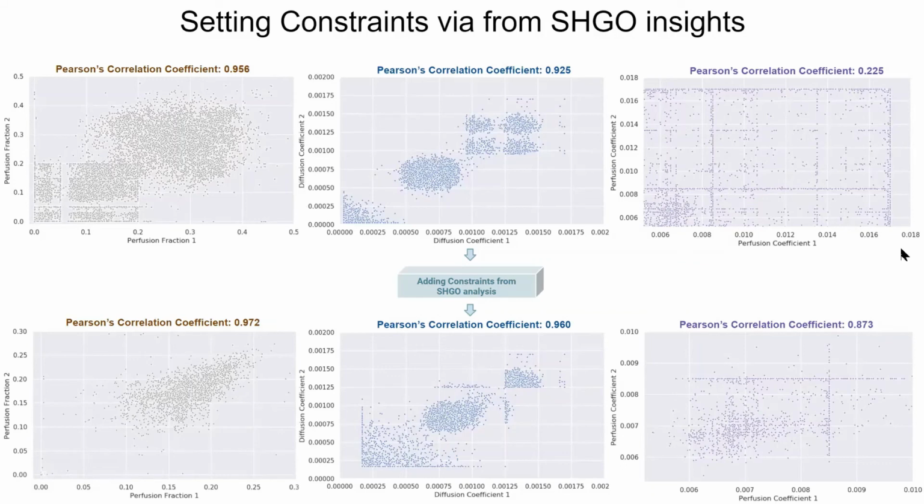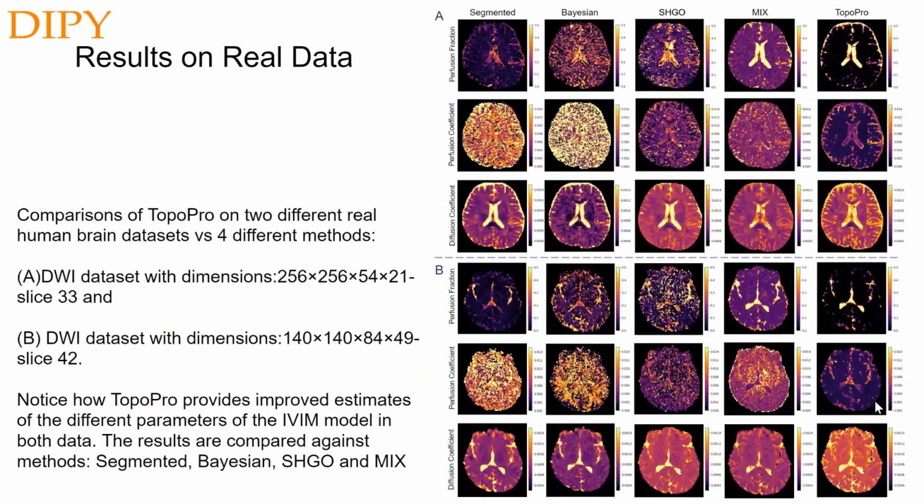For D star, the Pearson's correlation was around 0.225, and it goes to 0.87. This is a test-retest analysis where you have two sets, both from the same patient, and the test-retest reliability increases, is what I'm trying to say. Okay, now let's take a look at real data.